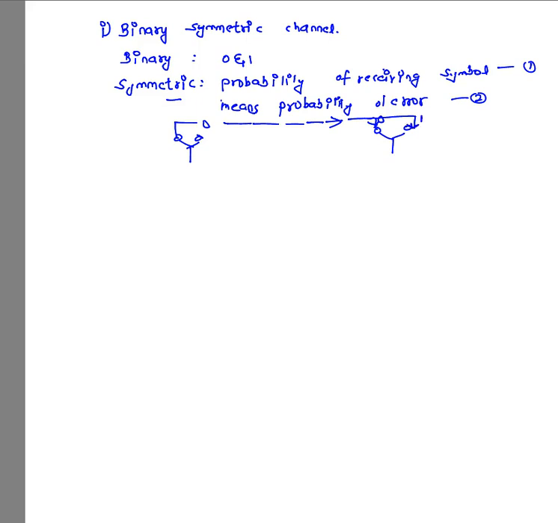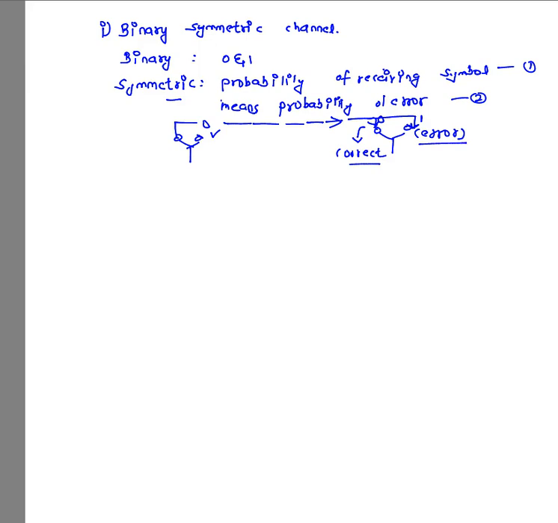The change of symbol happens due to noise. So when 0 is transmitted but 1 is received, it indicates that it is an error. Whenever 0 is transmitted and 0 is received, it indicates correct transmission or correct reception. So there is a probability for correct reception and a probability for error.